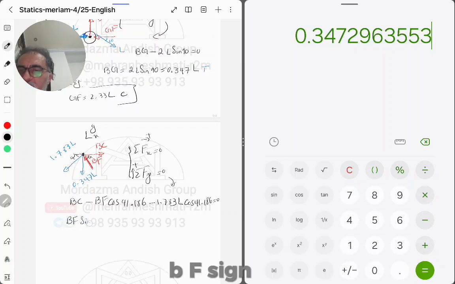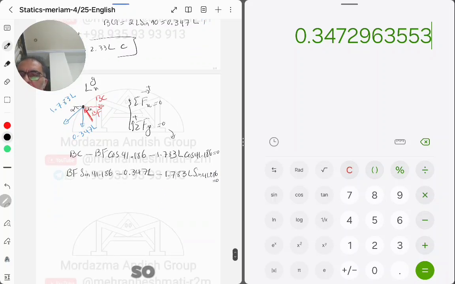And the summation of F of y, BF sine of alpha minus, is equal to 0. So we can find BF.